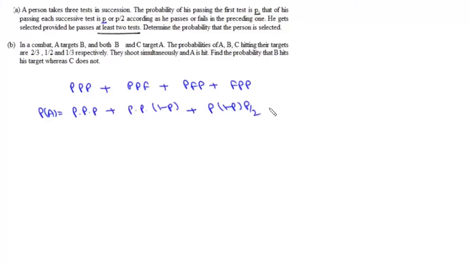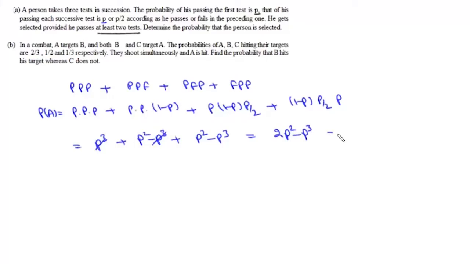So it will be this P by 2. And here it is failing the first, 1 minus P, passing second, it is P by 2, and then again it is P. So here it will be P cube plus P square minus P cube, and then here will be P square minus P cube. Now this P cube will cancel. So this probability will be 2P square minus P cube, or simply P square into 2 minus P.